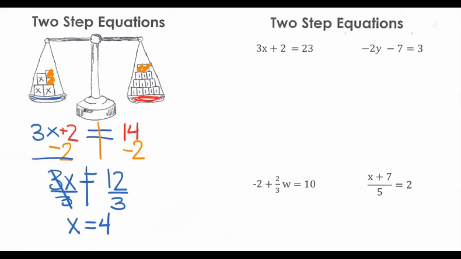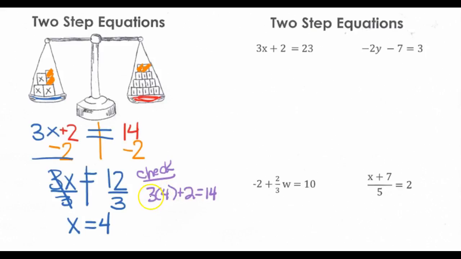Now we are not done with this yet. We need to check that our answer is correct. I'm going to write a check right here. We're going to go back to our original equation and substitute in our x value right here. We think it's 4. So we're going to have 3 times 4 plus 2 equals 14. You do need to remember your order of operations.